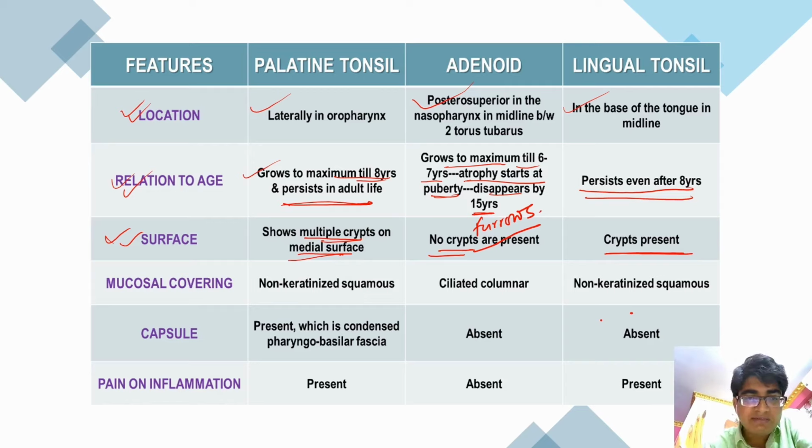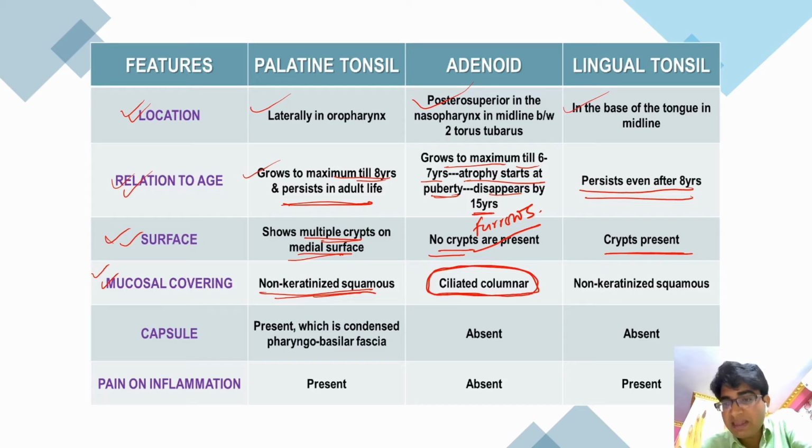Then mucosal covering. Palatine tonsil has non-keratinized squamous epithelium, mostly with the crypts. Correct? And adenoids, again, have mostly a ciliated columnar epithelium.